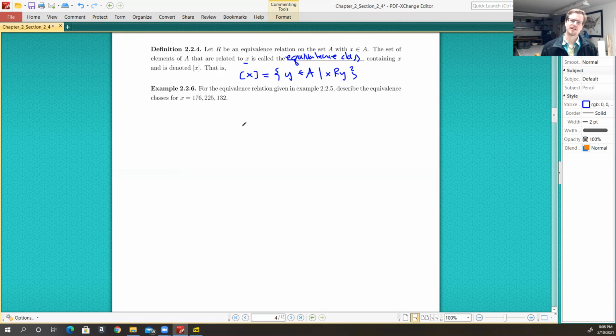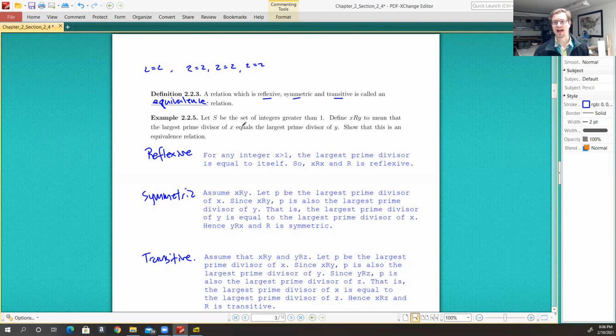So let's take a look at an example of this. We've already considered in our previous example a specific equivalence relation. And so we're going to revisit that equivalence relation and take a look at some of the equivalence classes. For some sets, you'll be able to determine all equivalence classes, and it's really quite nice.